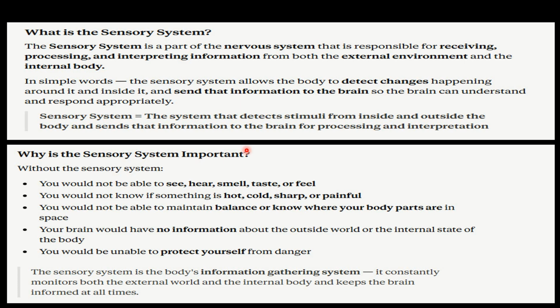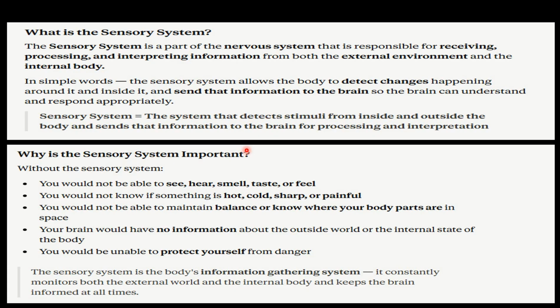In very simple terms, the sensory system allows the body to detect the changes happening around it or inside it, and then send that information to the brain so that the brain can understand and respond appropriately. So one thing is quite clear, that the sensory system is nothing but a system that can sense, or receive, the information, process it, interpret it, and send that information to the brain so that it can process it and respond appropriately.